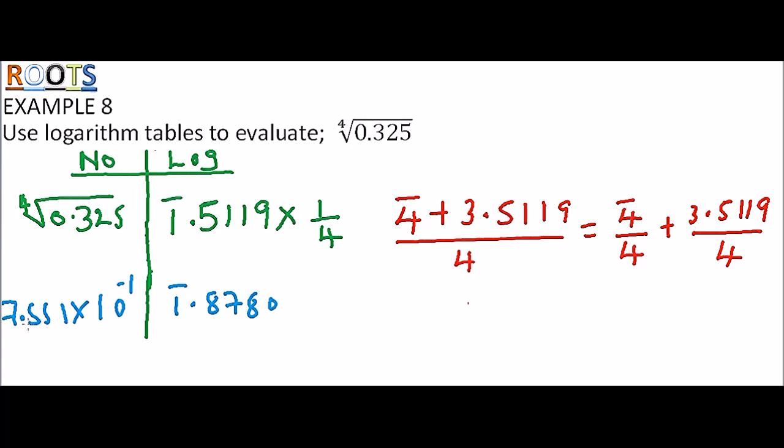So this is 7.551, and therefore the fourth root of this number is 0.7551. So that is the solution. You can use the logarithm tables to get the roots of numbers, even root 5, root 6, root 10, any other number that you would like to get its root.